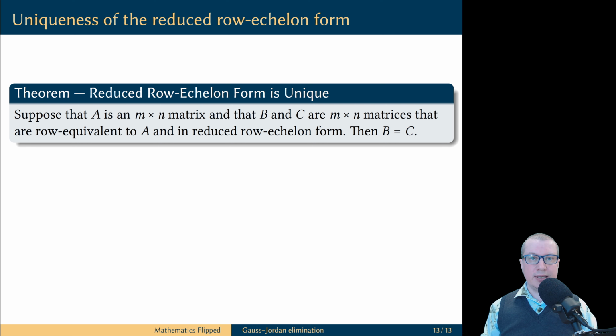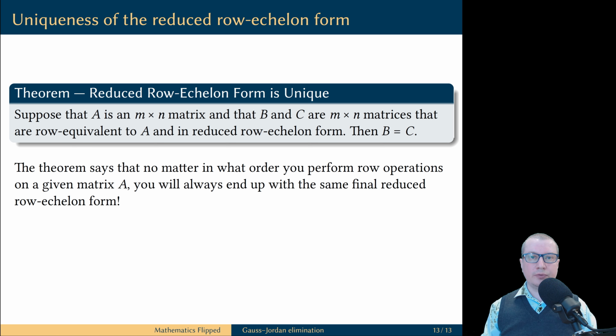The natural question is this: if you use different approaches, will you get different reduced row echelon forms? The answer is no. No matter how you reduce the matrix, you will always end up with the same reduced row echelon form. Therefore, you don't have to worry if you apply some ad hoc approach to optimize the algorithm for a particular linear system. You will still end up with the correct answer.